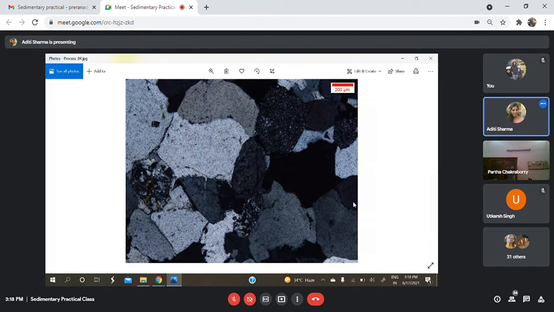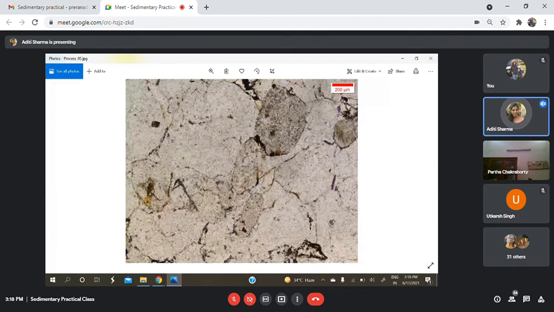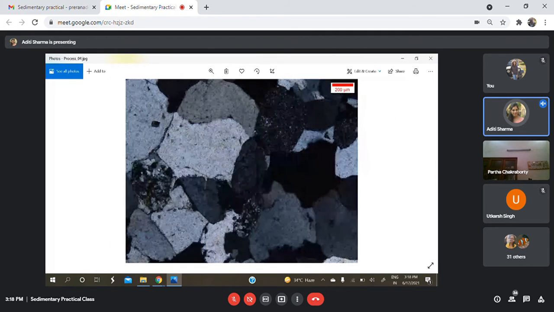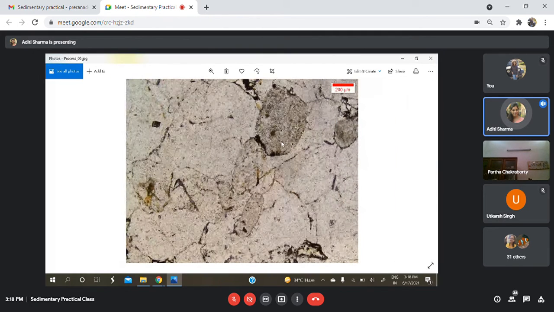This is the plain polarized view of the same slide, and this rock fragment is showing different character as compared to the other quartz grains, and you can see the boundary. Sometimes it also gets oxidized, and you can find this oxidized rim.